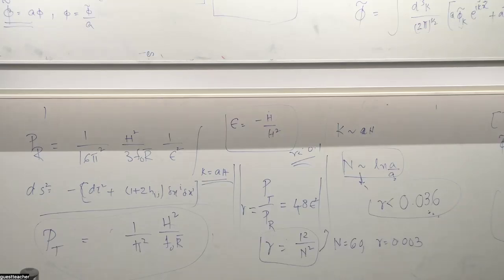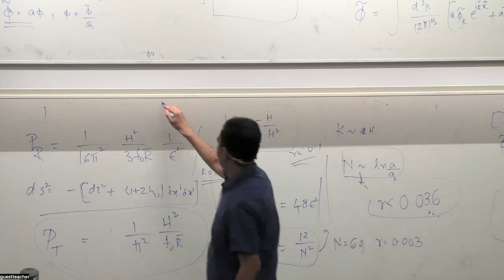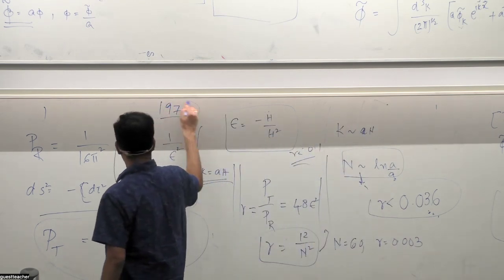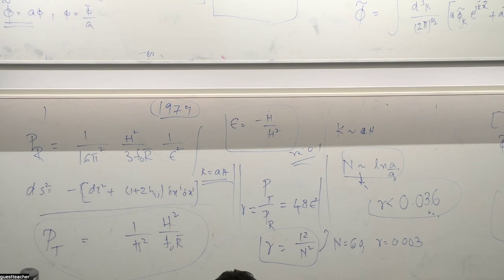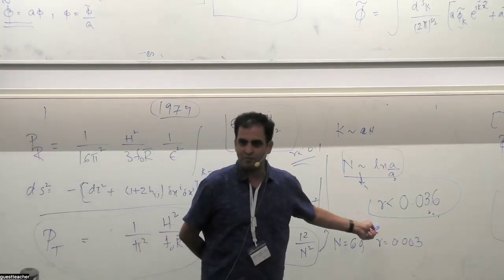So Starobinsky in 1979 first came up with the idea of a de Sitter phase, and he derived for the first time the primordial gravitational waves. The existence of primordial gravitational waves is his first derivation. Then later, he came up with a theory and a precise prediction. So this derivation has pushed the boundaries of technology and everything to reach this much precision.